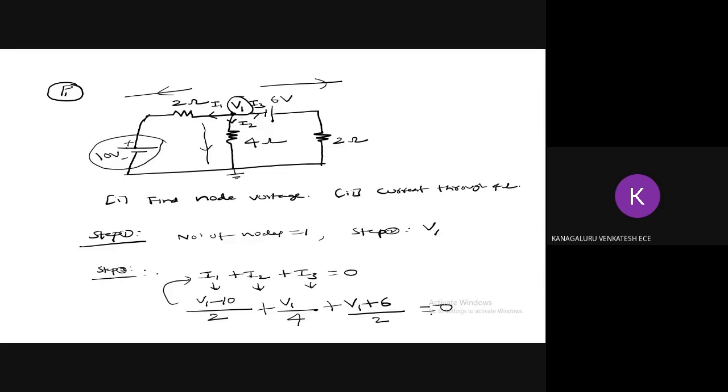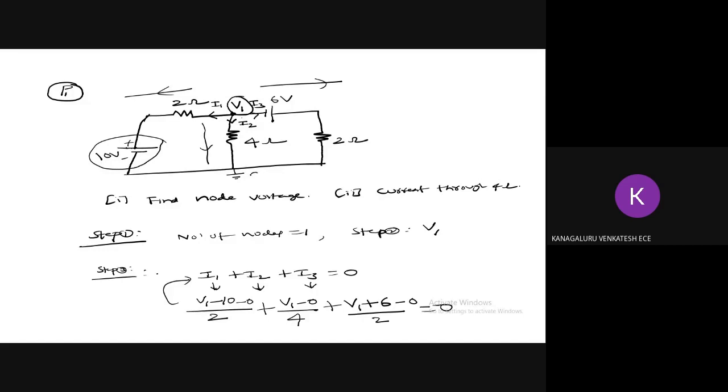In some textbooks, this equation can also be written as V1 minus 10 minus 0, V1 minus 0, and V1 plus 6 minus 0. Why that 0? If you look, every branch is connected to ground potential.